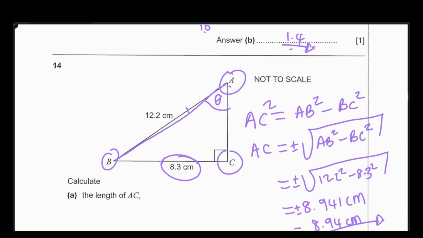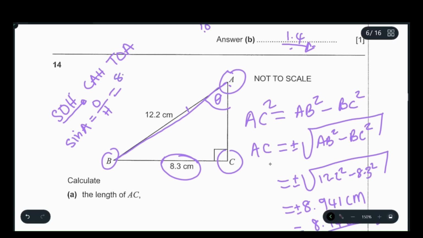So from SOHCAHTOA, we can use sine A is equal to opposite over hypotenuse, not adjacent.